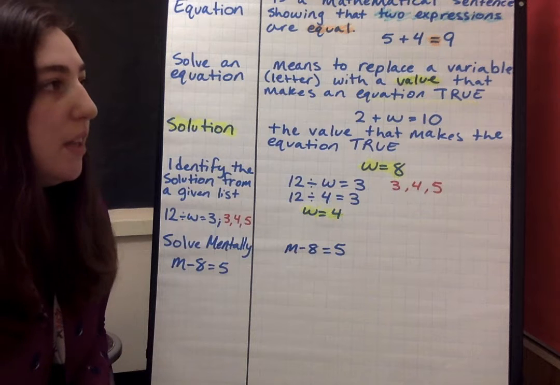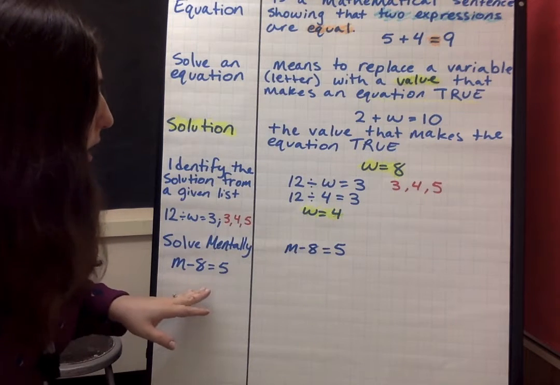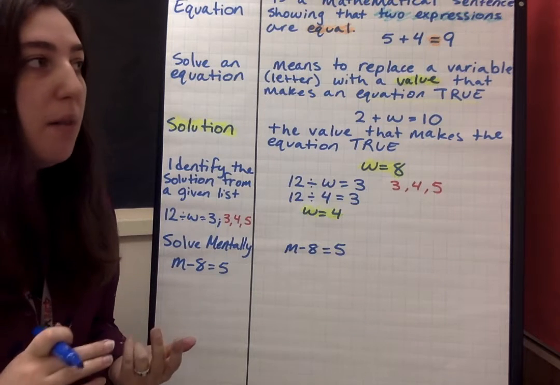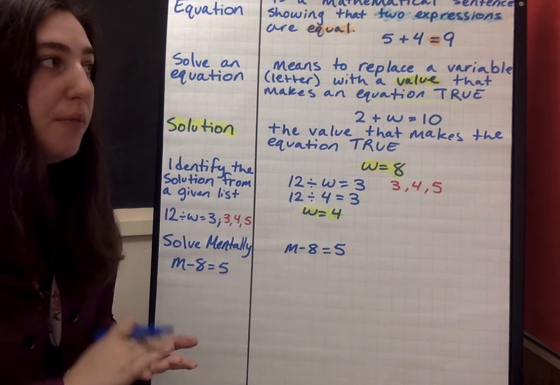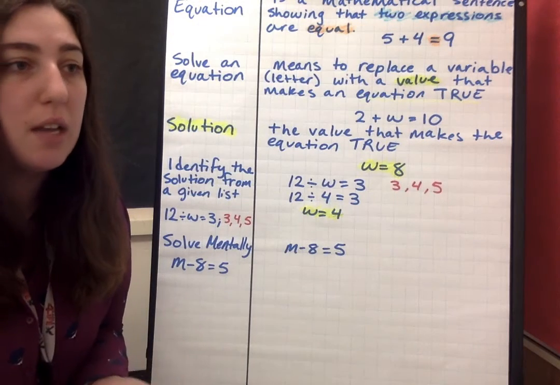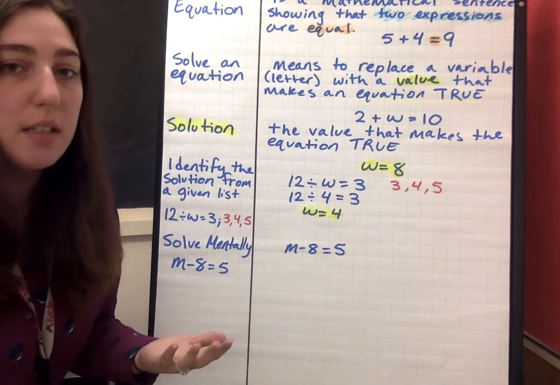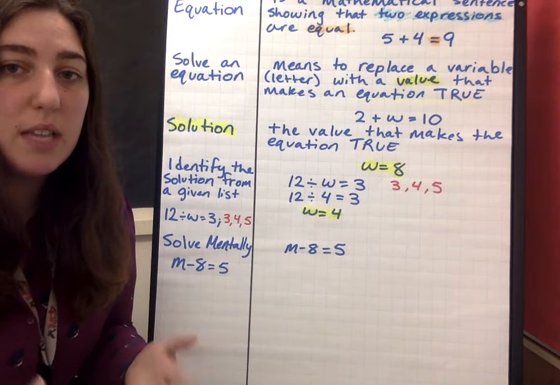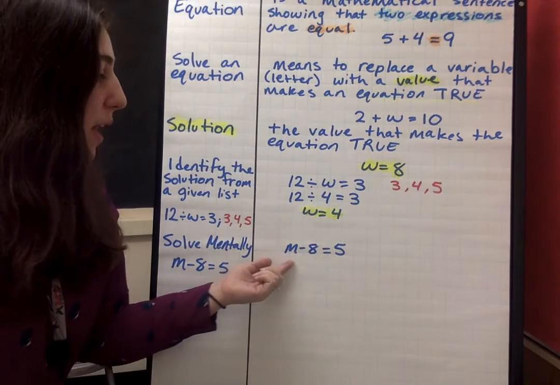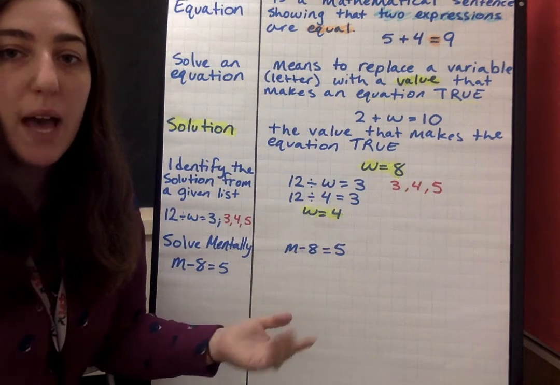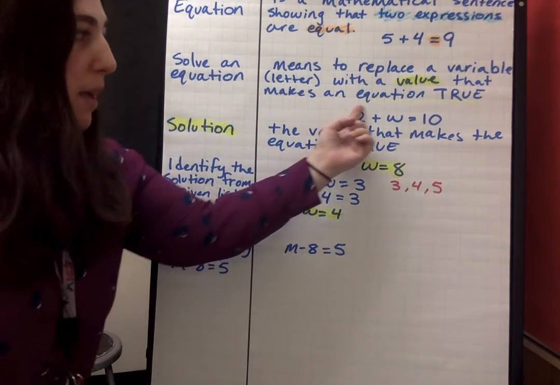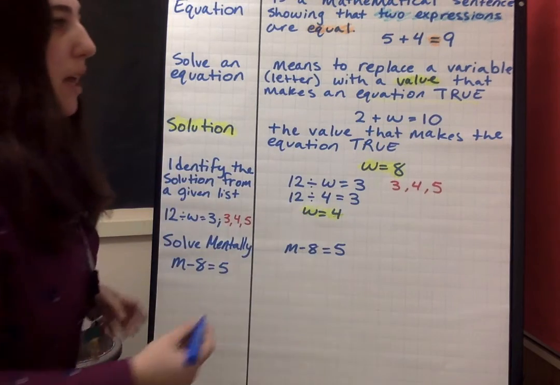When we are solving mentally, you can do a few different strategies. You could do a guess and check, a plug and chug. You could just try to guess. But if you take a minute and think about it, you'll probably be able to find what solution we would need for m minus 8 equals 5. What value would work for m so that we're making the equation true?